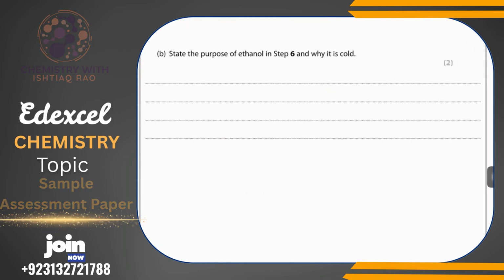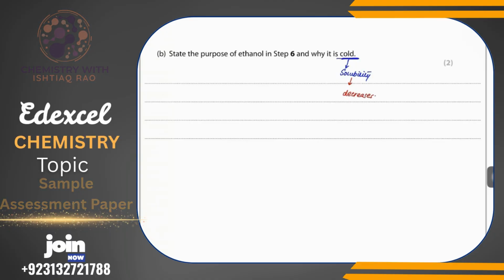So you can say that the salt is less soluble. Why is it cold? It's related to the solubility. Of course when it's cold the solubility decreases, because solubility is directly proportional to the temperature.